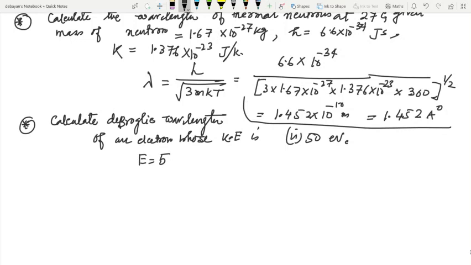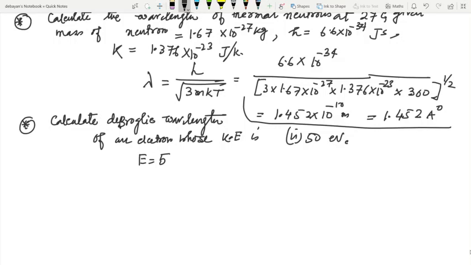You know the formula, lambda is equal to h by root over 2mE. If you put the values, h is 6.6 into 10 to the power minus 34, and within the root, 2 into mass, that is 9.1 into 10 to the power minus 31, into the energy, that is 50 eV.